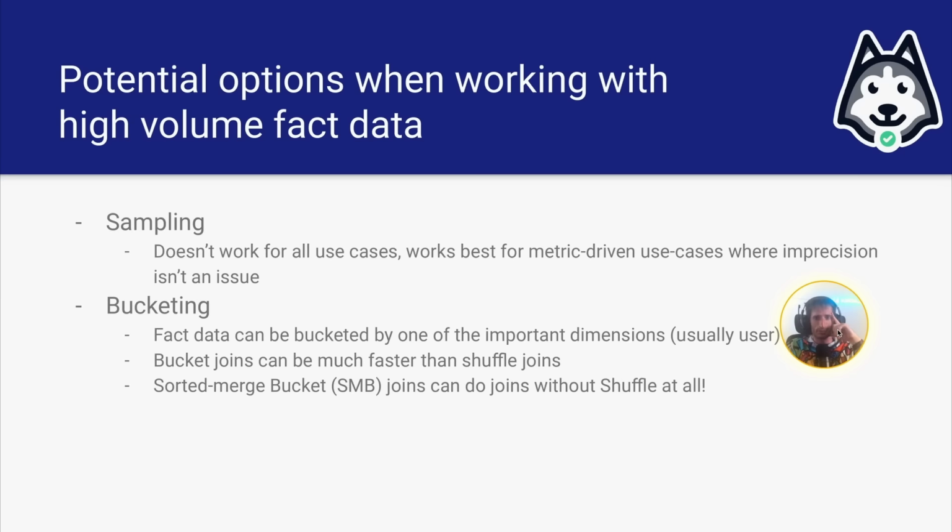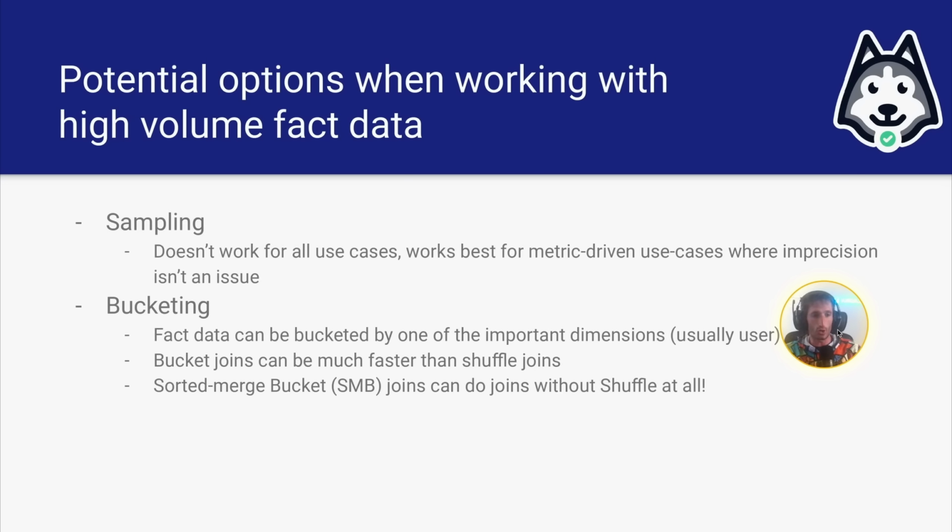Another great example of things you can do with fact data, especially if it's high volume, is bucketing, where you can bucket things on user ID, or on whatever the actor is. Usually you bucket on the who IDs.